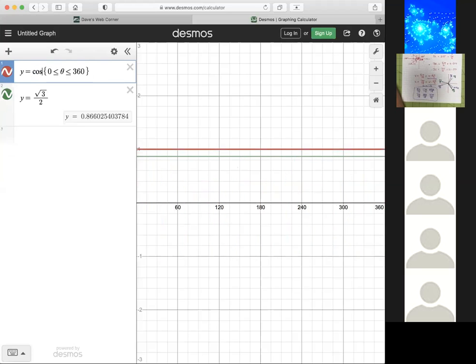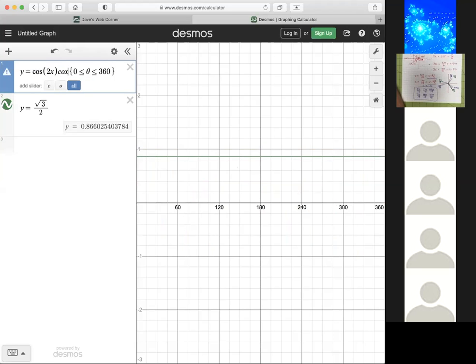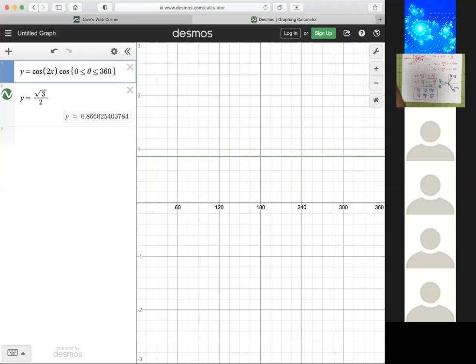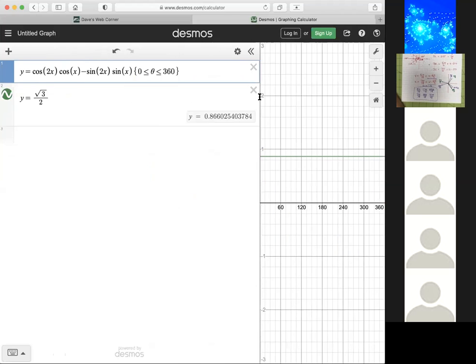Cosine of 2x times cosine of x, minus sine of 2x times sine of x. Let me pull this window out over here so I can see things better. And then I'll make it smaller when I want to see the graph.